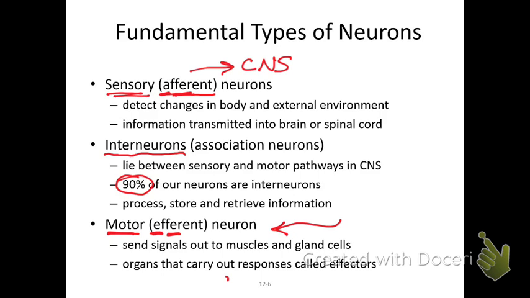Other sources may say 95 or even a higher percentage of all the neurons in your body are of this type. These are the processors. These are the integrators. These are the neurons in your spinal cord that are receiving all that sensory information, making decisions about it, and then sending those instructions out through these motor neurons.